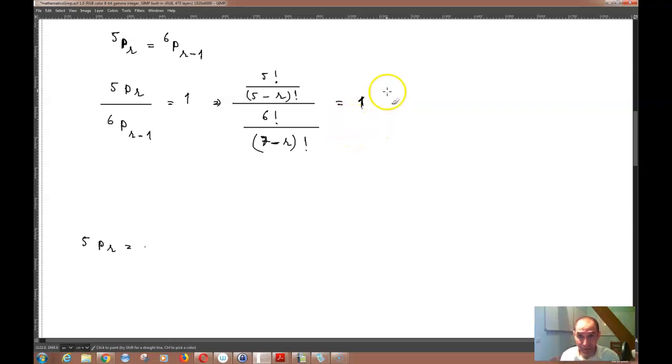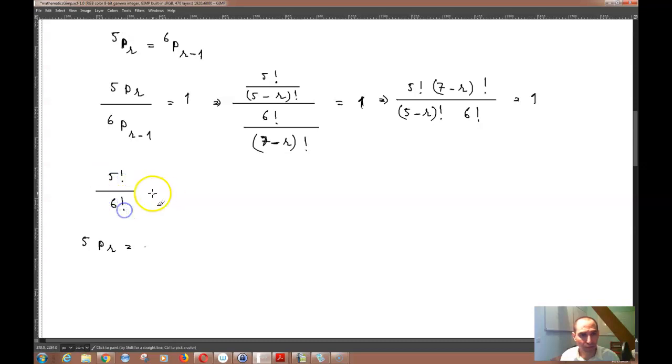And so I can write this as basically 5 factorial over 5 minus r factorial times the reciprocal of this, which is 7 minus r factorial over 6 factorial, is equal to 1. Which means that I can write this as 5 factorial over 6 factorial times 7 minus r factorial over 5 minus r factorial is equal to 1.